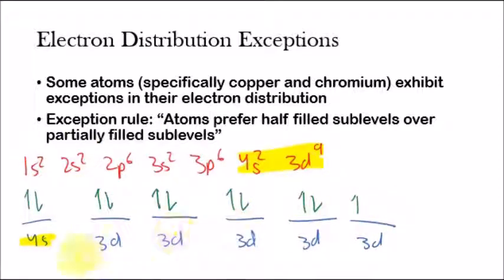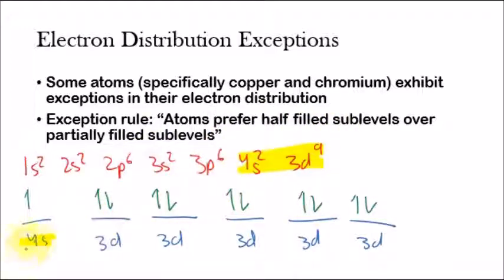Here we have a partially filled sublevel, because all these orbitals are completely filled, but this last orbital right here has only 1 electron. So what we can do is take this electron over here and move it here, because this is actually preferred.